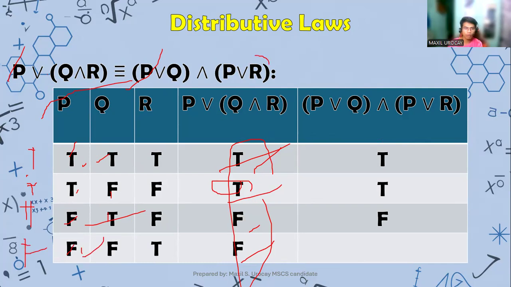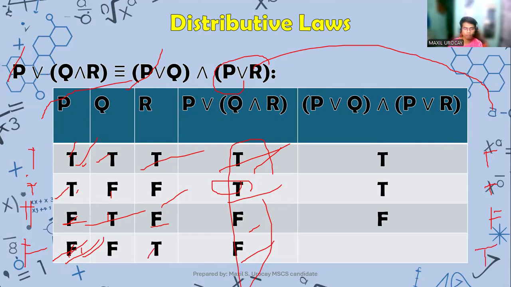Now, we will begin to add that also. Here, we put that there. So P and R, T and T is true. Then T and F is true. R or, F or F is false. Then F or T is true.